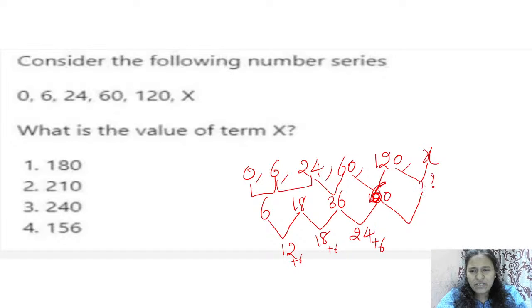the difference between this question mark and this, that is how much? 30. If the difference between these two values is 30, then what is this value? That will be the total of this, right? 90. This is common logic.